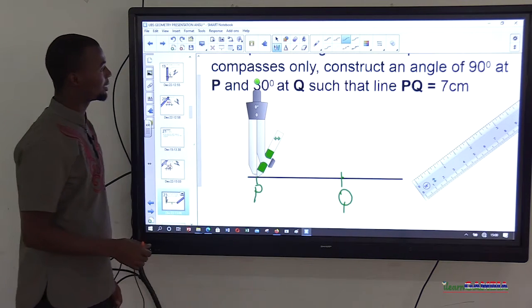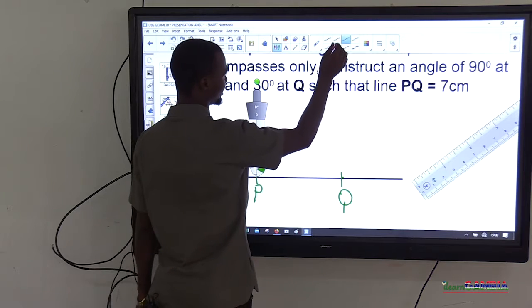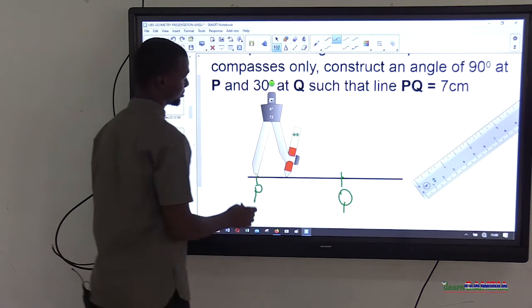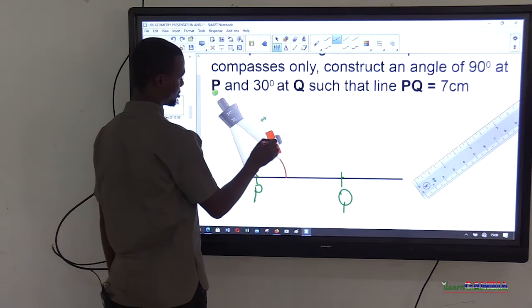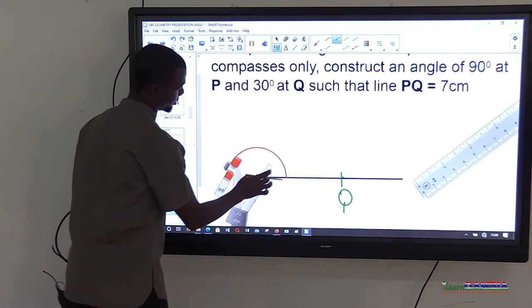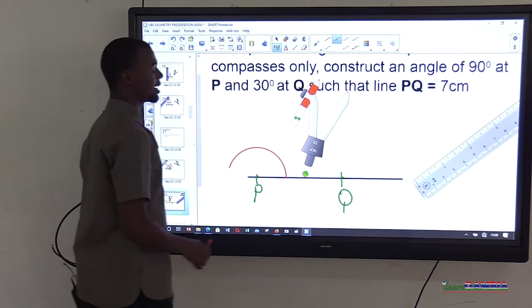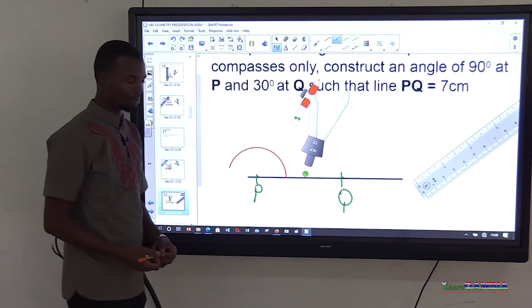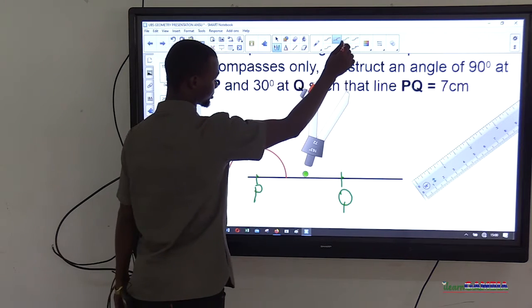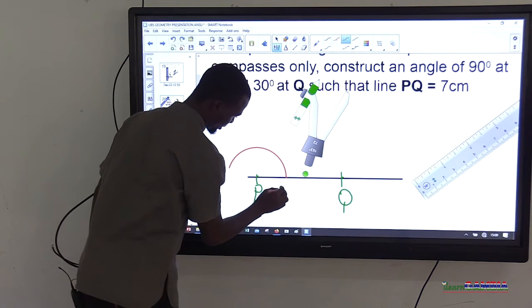Open to any convenient radius and draw an arc. The arc will cut the line PQ. Let's call that point A.